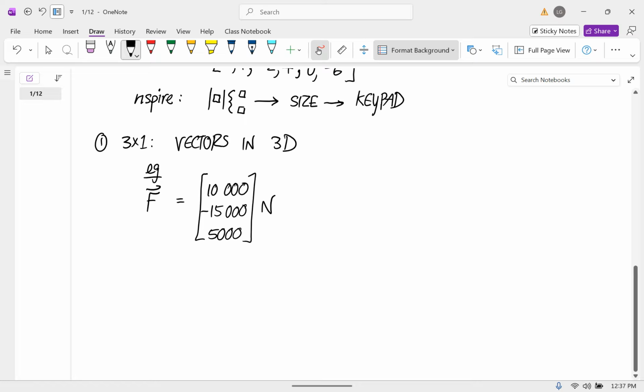And then we'll also use this for tractions at a point inside a material.